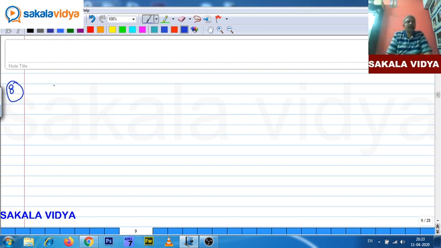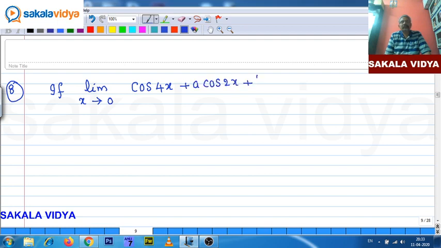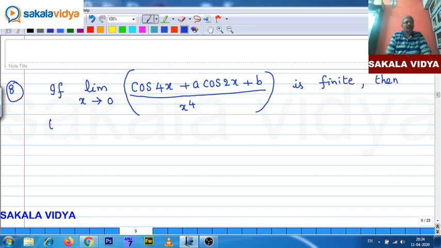So eighth question: if limit x tends to 0, cos 4x plus a cos 2x plus b upon x to the power of 4 is a finite value, then the values of a comma b respectively.